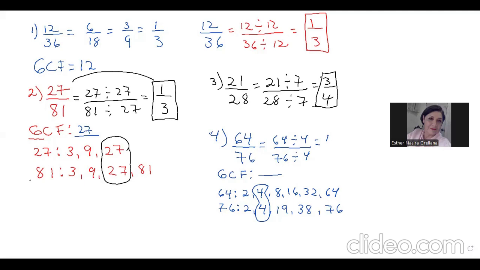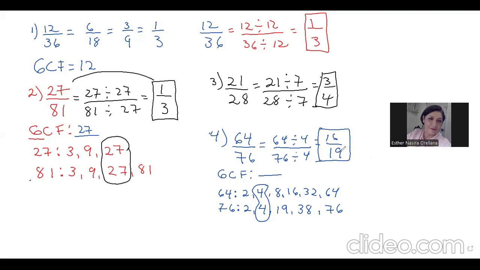16. And 76 divided by 4 is 19. 19 is a prime number, so we cannot continue simplifying that. Okay? So this is the answer.